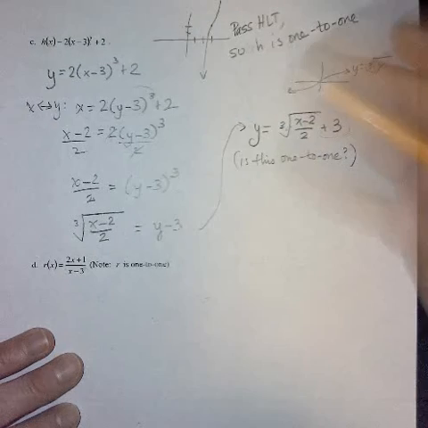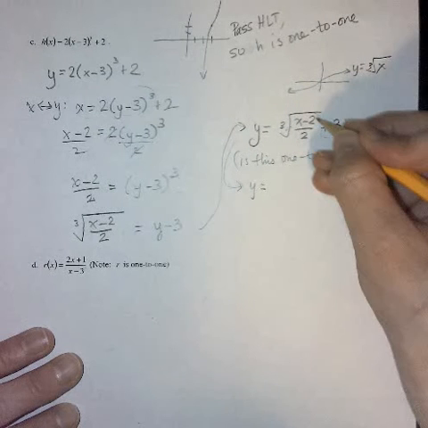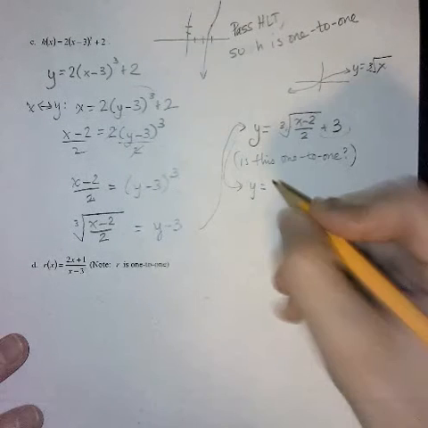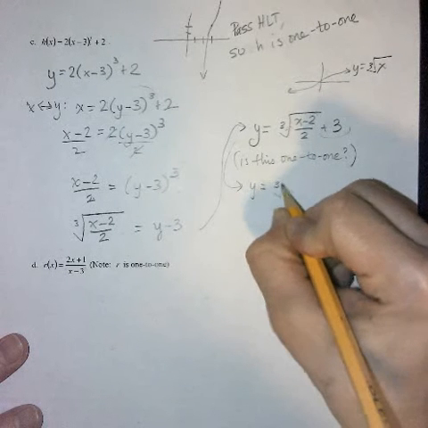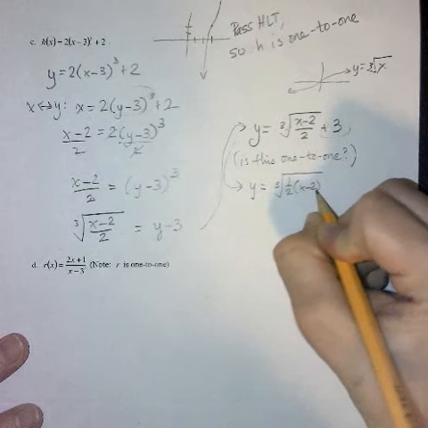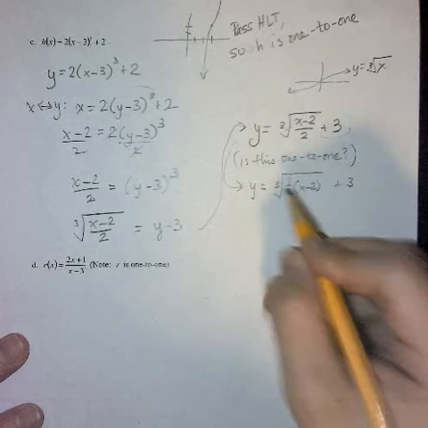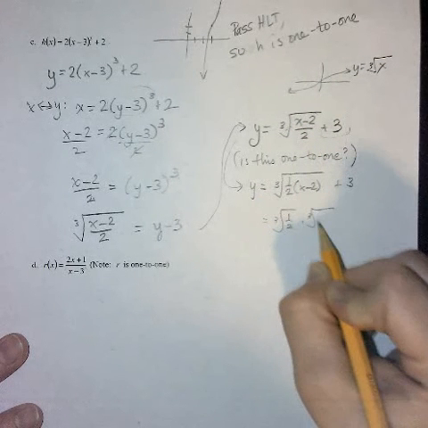Let me come down here, show you something. This gets a little hard to interpret, I think, the way it's written. You might be a little confused. But what you can do is rewrite this as 1/2 times (x minus 2) under the radical, and then the cube root of 1/2 times the cube root of (x minus 2), plus 3.